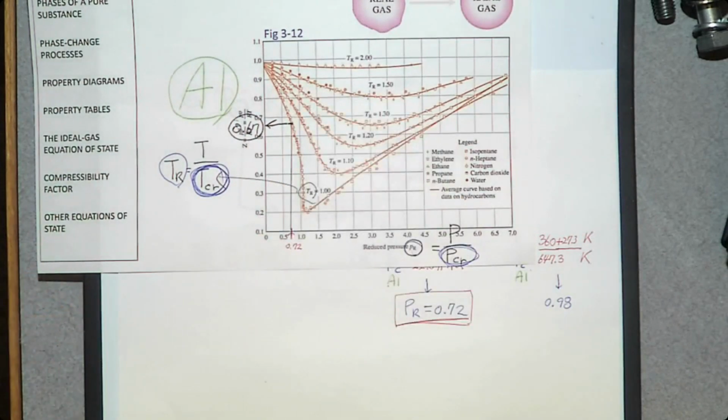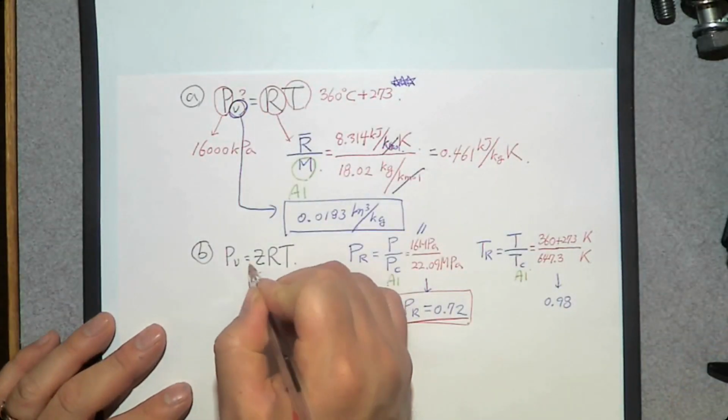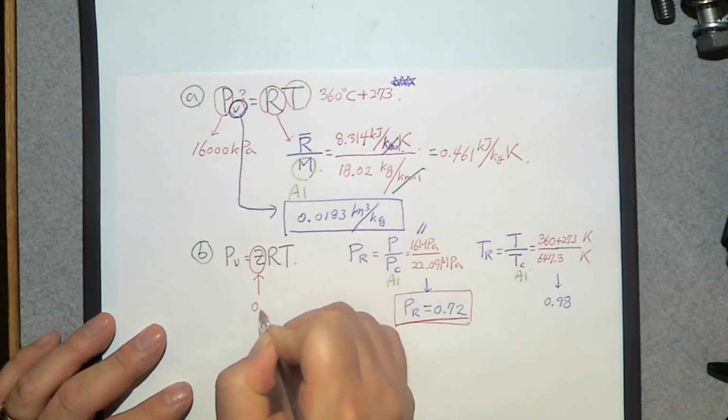So from this compressibility factor chart, we can determine the factor, 0.67. So I'm going to use this 0.67 in this modified ideal gas equation.